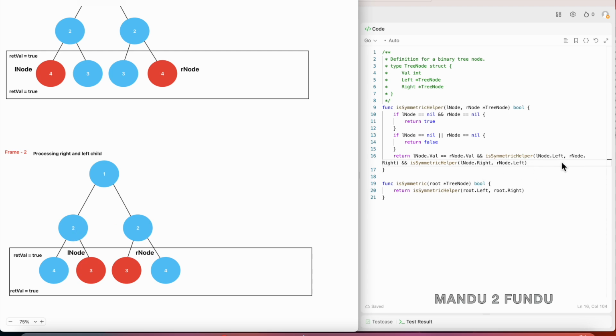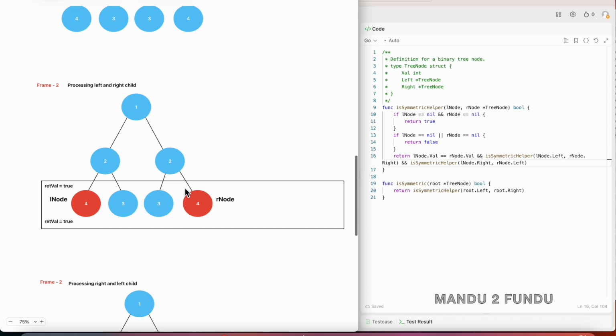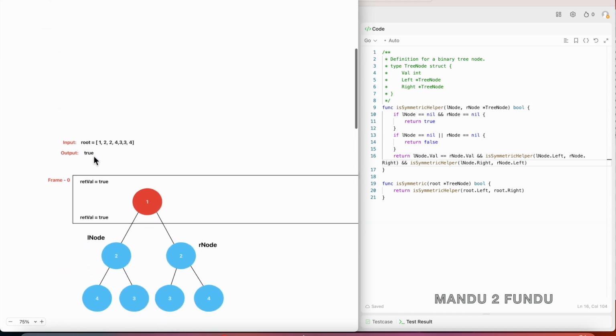So basically this one returns true and this one returns true, and this is also equal. Finally, true will be returned back to the symmetric function and we get the expected output true.